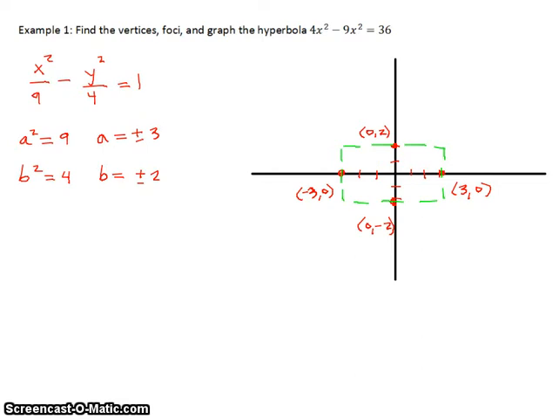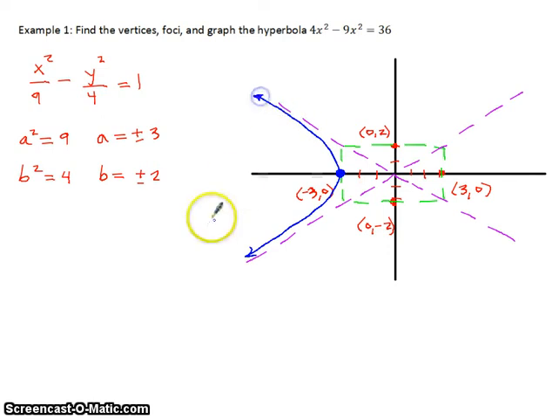So here's my rectangle, my diagonals, which are the asymptotes that bind the parabolas. Go through the diagonals of the rectangle, and once again my transverse axis is along the x-axis, so that means my vertex point for one parabola is here, and I'm going to go outward and follow that asymptote, and here I'm going to go outward, follow that asymptote.